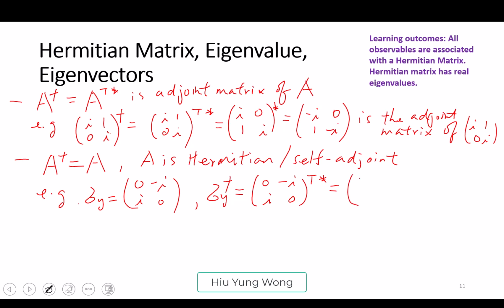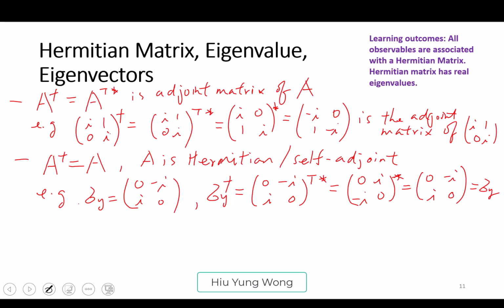When I do transpose, I just swap about the diagonal, so I move this one to here and this one to here. And then apply the complex conjugate, then it will get negative again. This one becomes i, which is just equal to sigma y. So this is a Hermitian matrix.